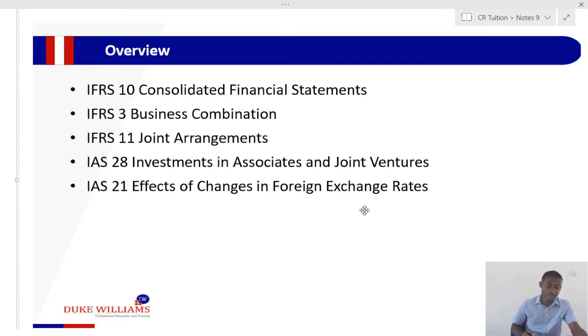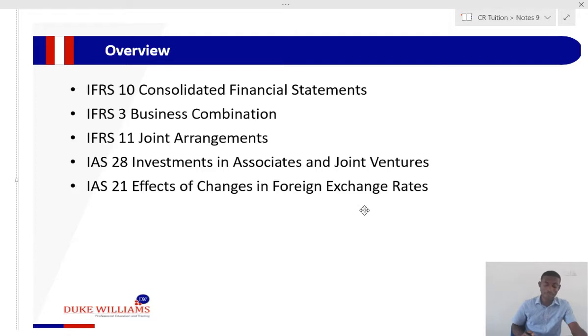So we'll look at the similarities between IFRS 11 joint arrangements and that of associates. The IAS 28, Investments in Associates and Joint Ventures, defines where we have significant influence over an investee and how we account for the investment in an associate using the equity method.